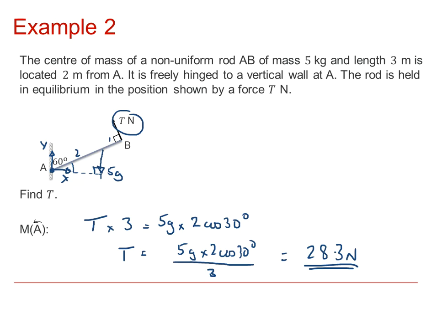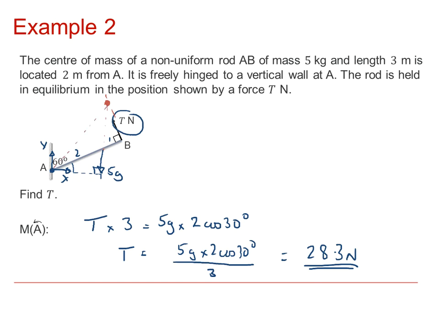Now this is a case in point where it would be far more difficult to work out the point at which the reaction at A acts, because if that's a single force, it would again act through the point where these two forces meet, because there are only three forces acting.